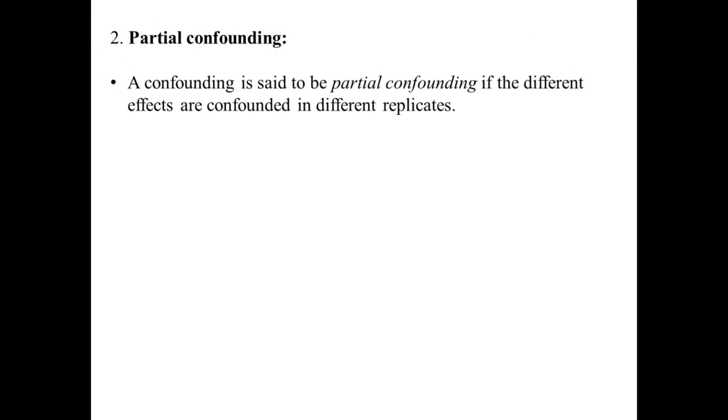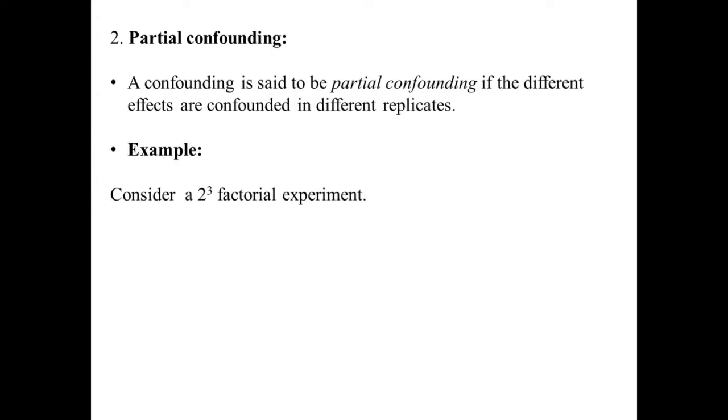And what is partial confounding? Confounding is said to be partial confounding if different effects are confounded in different replicates. It means that in each replicate we confound a different effect, that is, we delete the effect of that particular interaction from that replicate. The example is, suppose we consider a 2 cube factorial experiment.